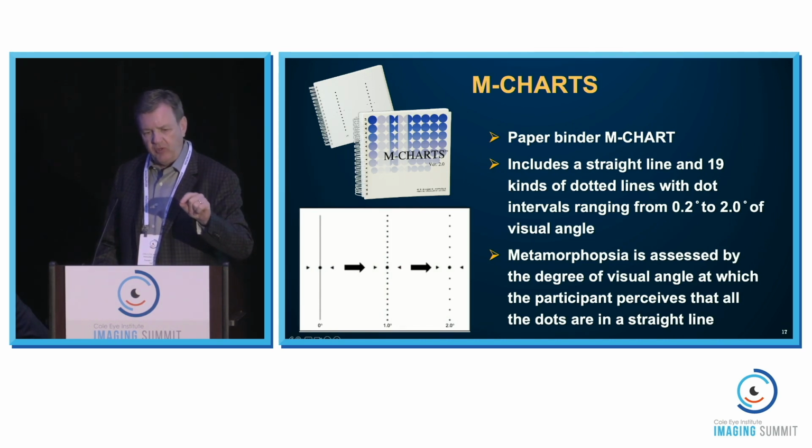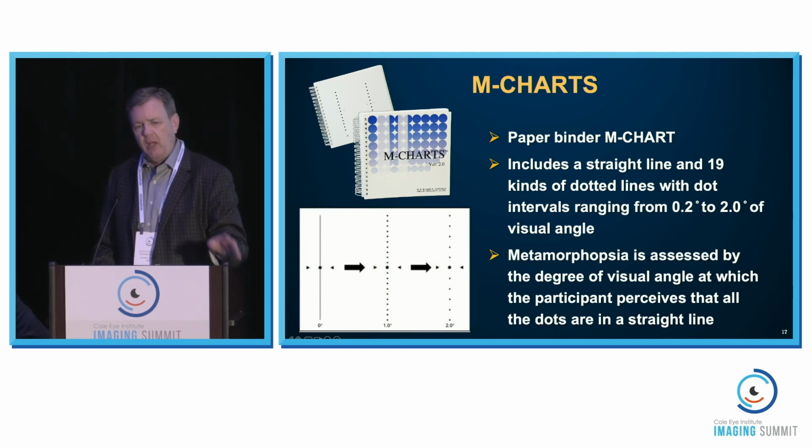We're going to do it with M charts, and there's a couple of other assessments of distortion that we hope to, again, prospectively characterize to see if it predicts who you should operate on and who you should not. We'll also be collecting OCTs. We have a whole plan for how we want to use those OCTs, how we want to incorporate AI in this.